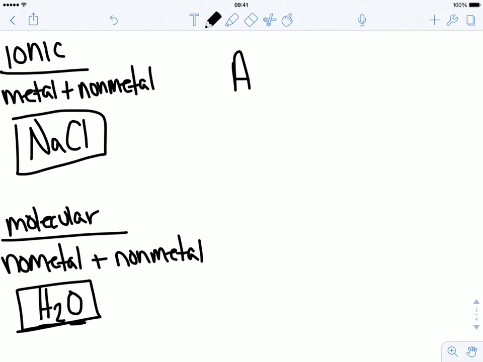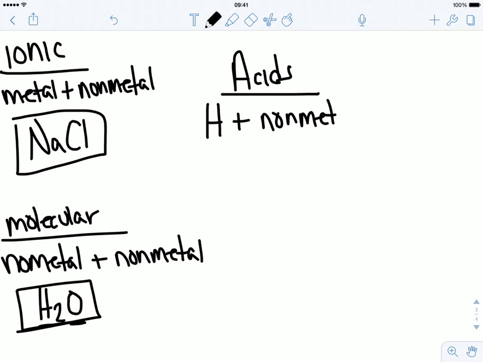Now acids. Acids are molecular compounds in the sense that they are made up of all nonmetals, but they always follow this format. They will always begin with hydrogen plus a nonmetal or a polyatomic ion.